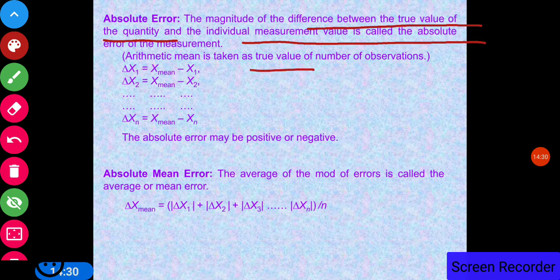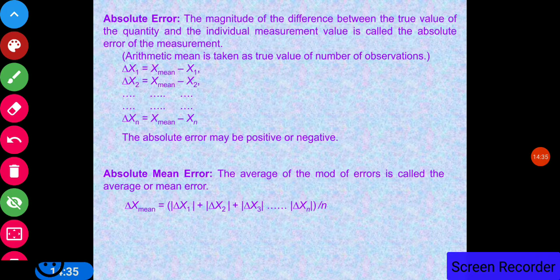If you take 10 observations and find the arithmetic mean, that is considered the true value. If you subtract each value from the mean, x mean minus x1, this gives you the absolute error.